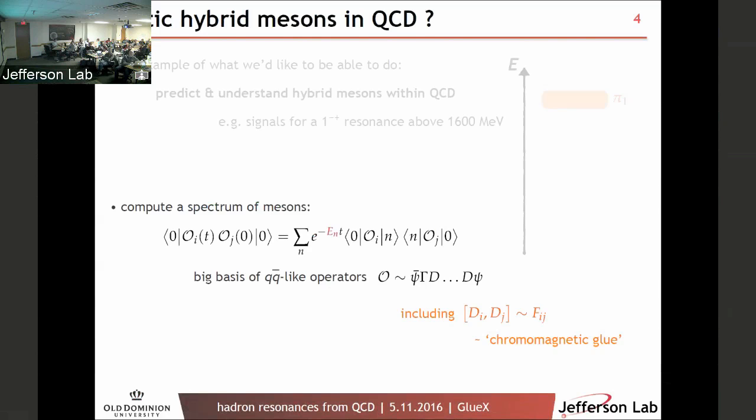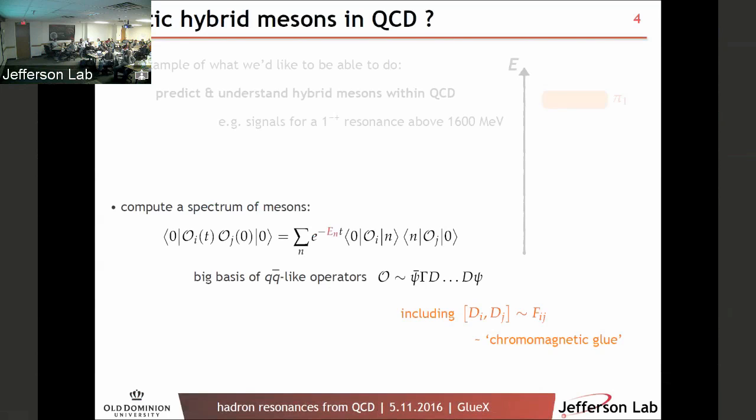The only thing I want to say here is what these operators look like: a quark field, an anti-quark field, and then a bunch of stuff in the middle, which you can think of as P waves and S waves and D waves, but also as gluonic stuff as well. But importantly, these operators so far are just a quark and an anti-quark, nothing more.